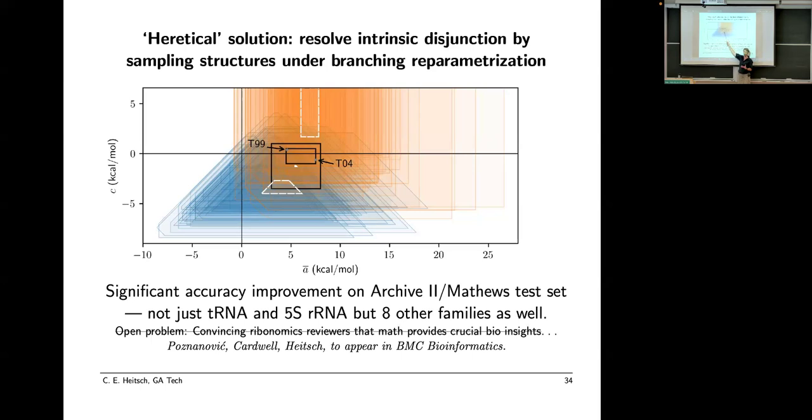And so really what we should do is think about searching over a range of possible branching parameters to generate a set of possible structures, sampling from our reparameterization options. This drove a reviewer nuts.